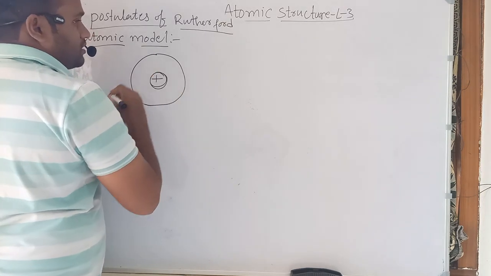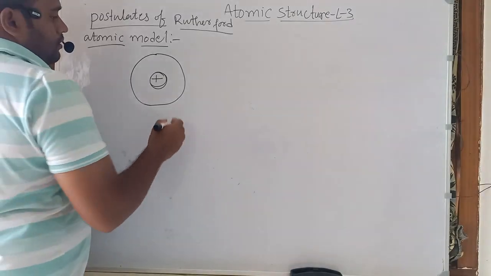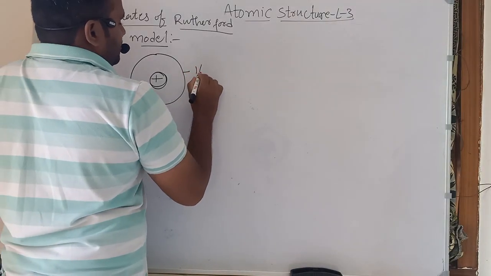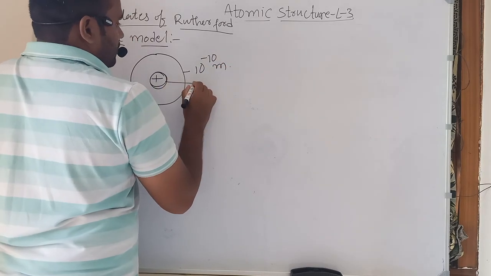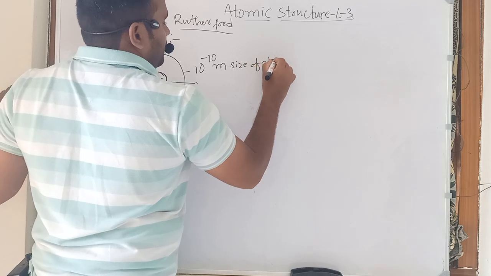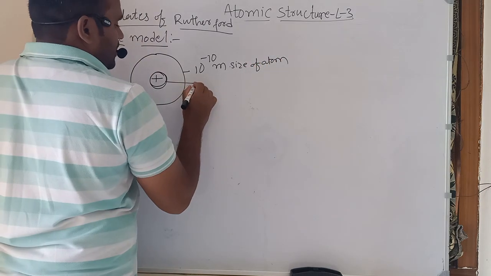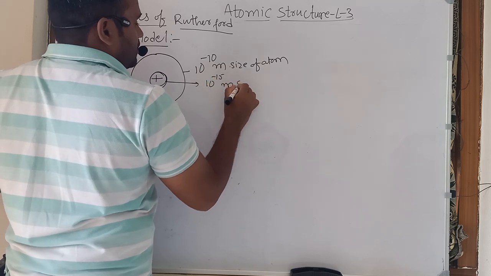This is called the nucleus. The size of the atom is 10 power minus 10 meters, and the size of the nucleus is 10 power minus 15 meters.